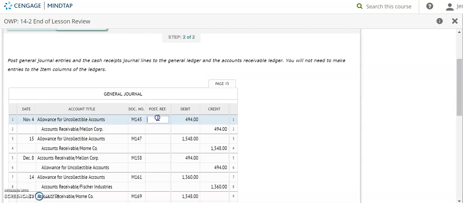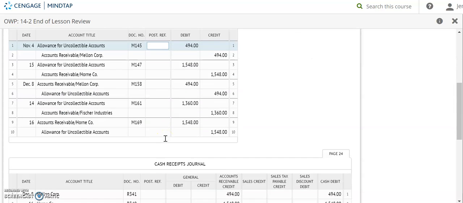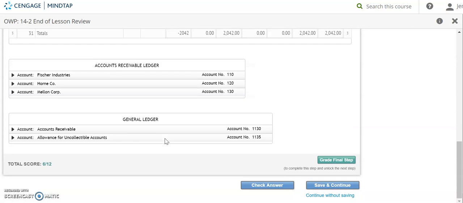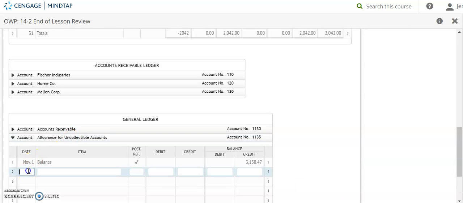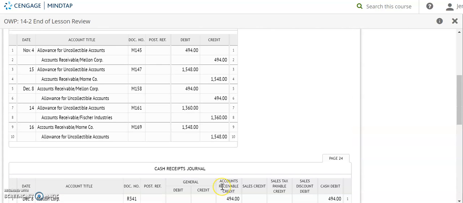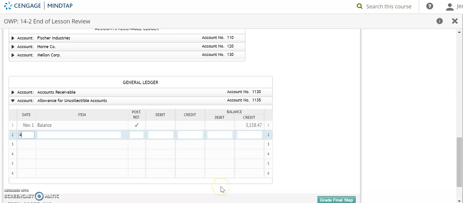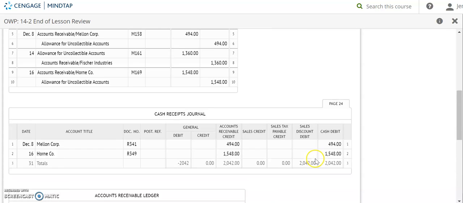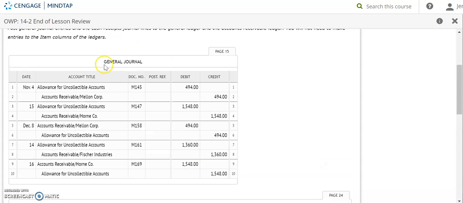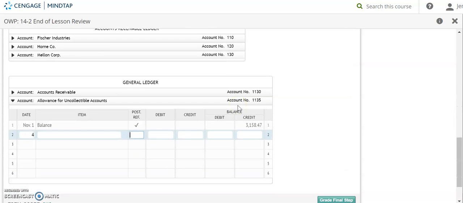Okay, so I'm going to start with the first line of my general journal. I'm going to my allowance for uncollectible accounts. So I'm going to be scrolling down here. And the date is November 4th. Post reference, I'm going to use G15 for general journal, page 15. And I'm debiting that account for $494.